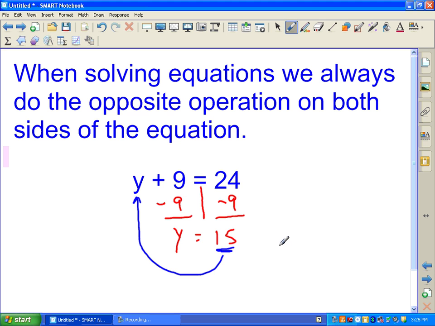And so I'm going to do 15 plus 9, and I'm going to make sure that I get what's over here. Now, I do get 24, and that's what I wanted, so I know my answer is right then. Y equals 15 has to be the correct answer. That's the nice part about equations, is you can check them, and that way you know for sure if your answer is right or not.